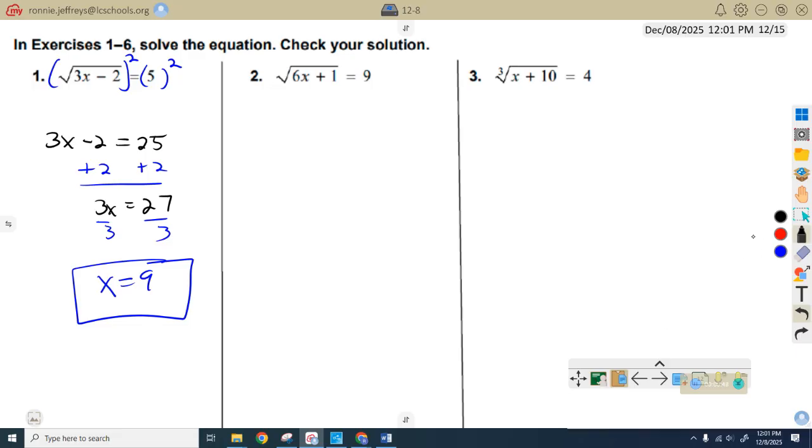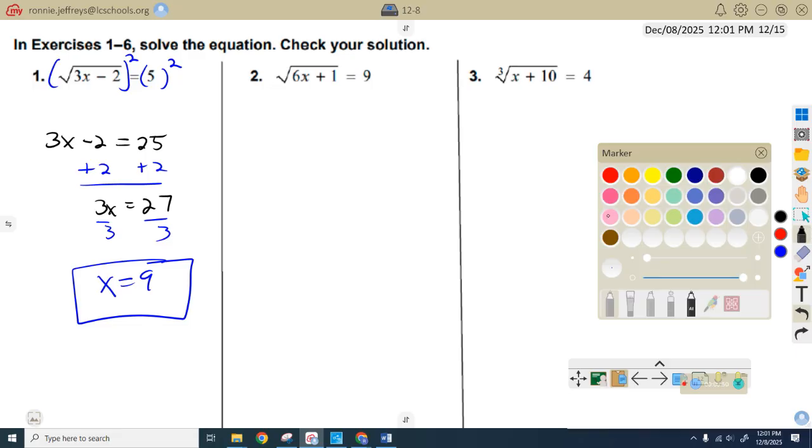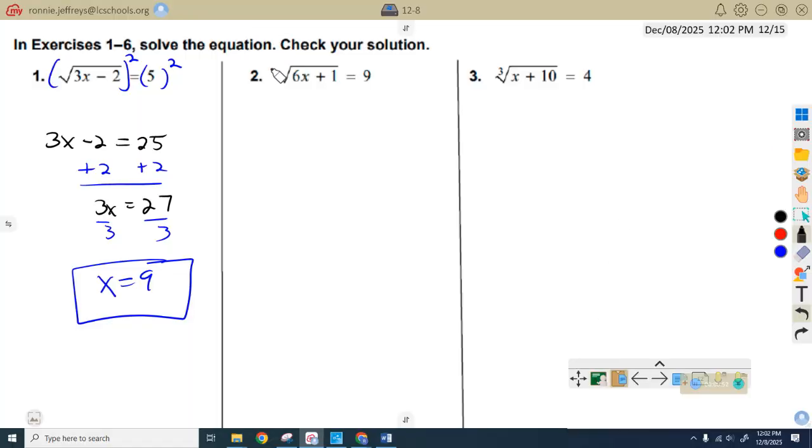All right, then we divide. So x equals 9. So, all right, let's look at number 2. So, what is the power right here? Now, anyways, this becomes 6x plus 1.